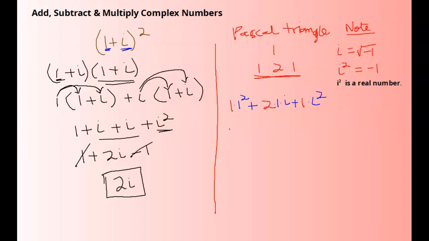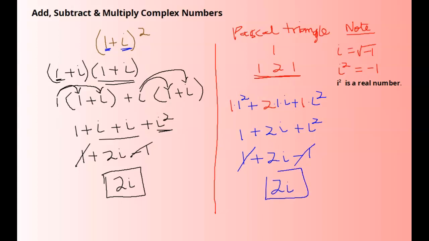So 1 squared is 1, so we got 1, and then 2 times 1 times i becomes 2i, and here 1 times i squared becomes just i squared. Got 1 plus 2i, and i squared is -1, and this goes away, and that leaves us this. So you can also use Pascal. If you know how to do it, you'll get the same answer.